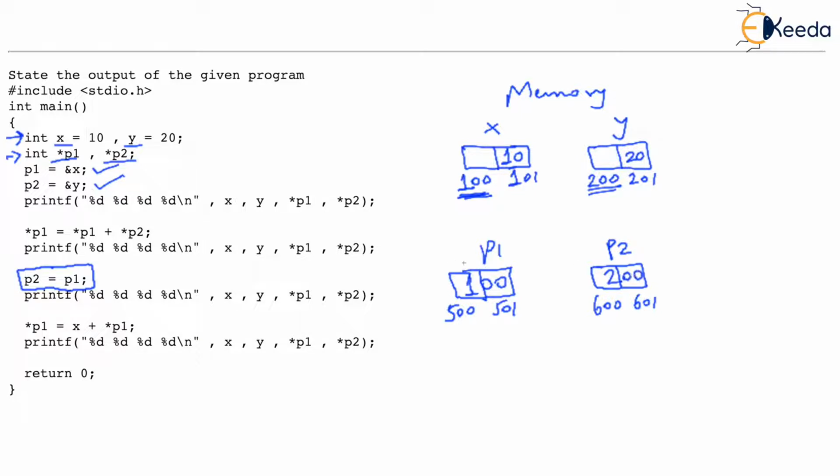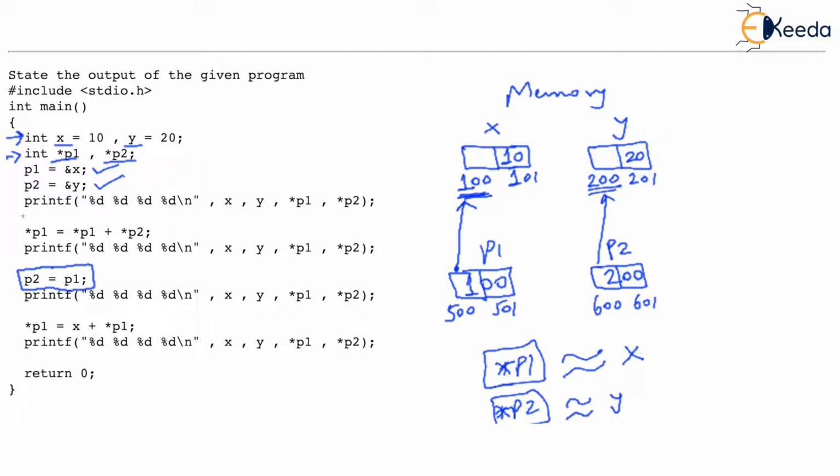Now we say that p1 is pointing to the location of x, or p1 is pointing to x, whereas p2 is pointing to y. Now onwards, if we see notation asterisk p1, then it means x. And if you see notation asterisk p2, then actually we are accessing y.